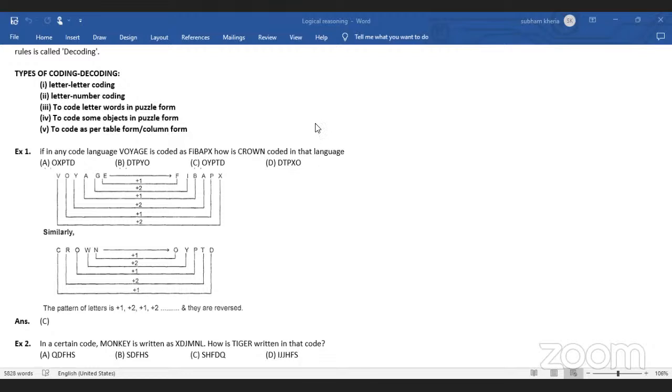Option A, Q D F H S. Okay. Anyone else with any other option? What's the logic? Please write, Venkata.